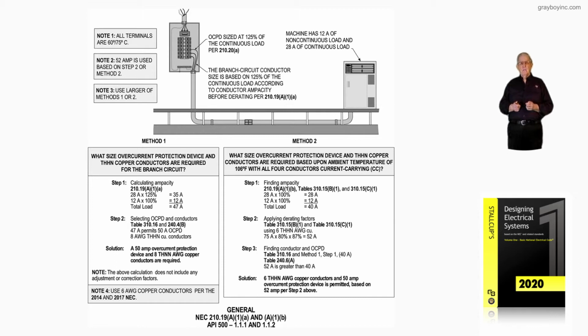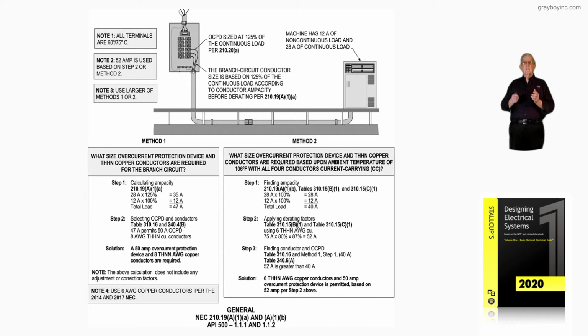And then note 3 says use the larger of the ampacity to determine the methods 1 or 2, which one we would want to use. And of course, this feeder was in 220.14 as well as 220.17 of the NEC.